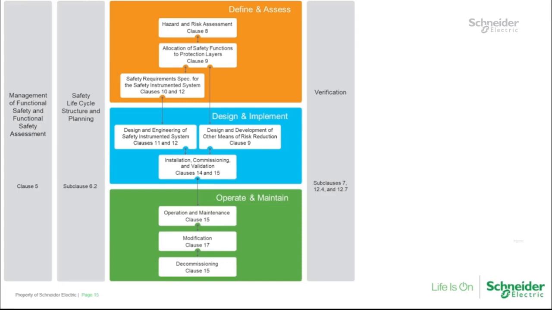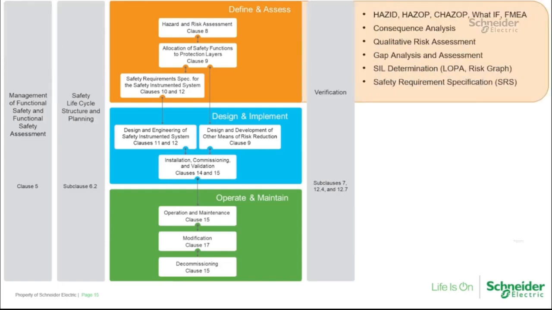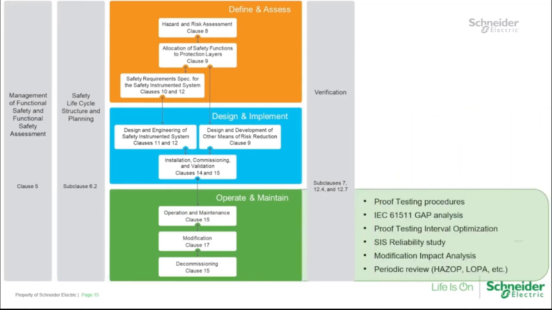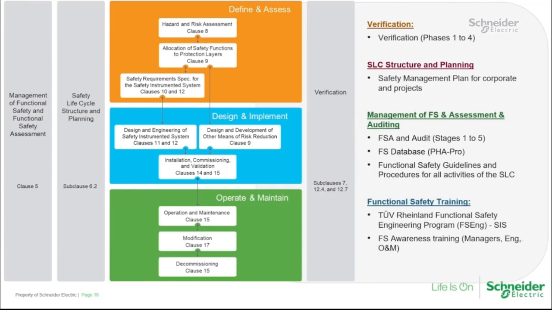Over the years, we have helped many customers in implementing these activities of the safety life cycle and meeting the requirement of the standard by doing HAZOP studies, quantitative risk assessments, SIL determination using the LOPA methodology, creating the safety requirement specifications, or helping in the design of the safety instrumented functions, doing SIL verification activities, also doing proof test procedures, proof test interval optimization studies, periodic review of the HAZOP and LOPA studies, also doing functional safety assessments and auditing. In addition to those services, we are also capable of providing functional safety training programs.